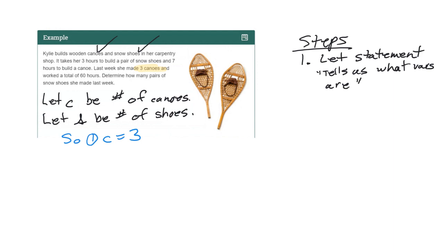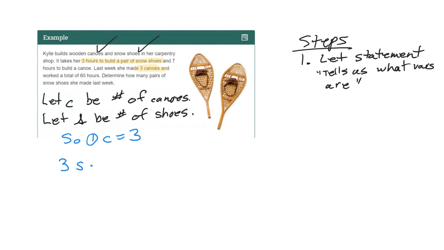So the other thing that they told us earlier was the following. They said it takes 3 hours to build snowshoes. So for every S number of shoes, it takes 3 hours, right?